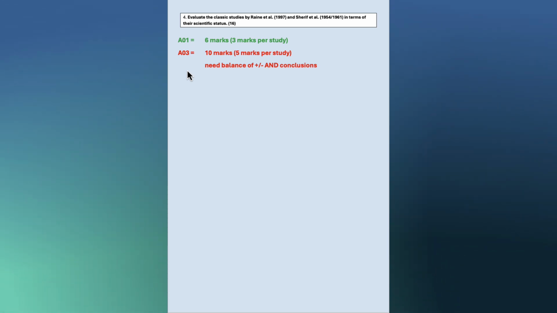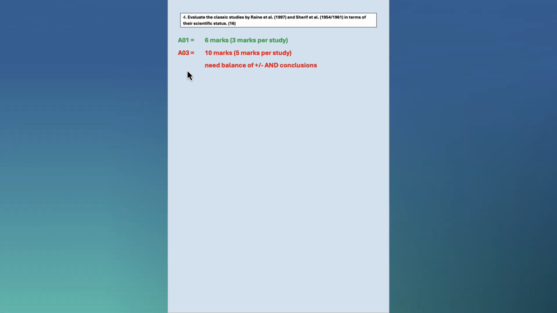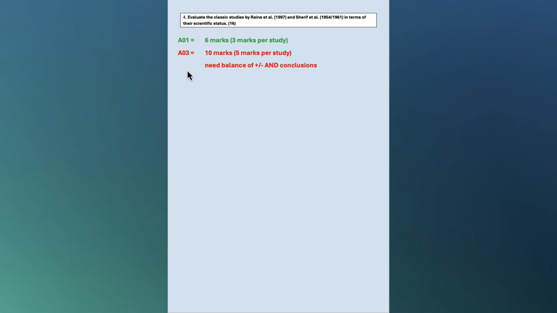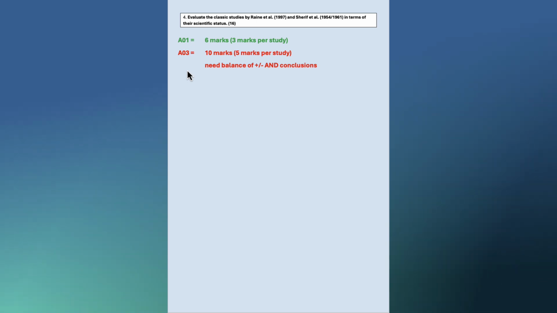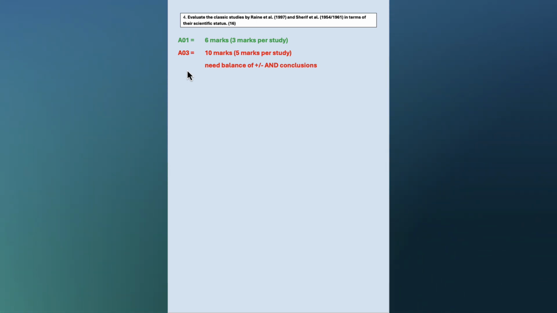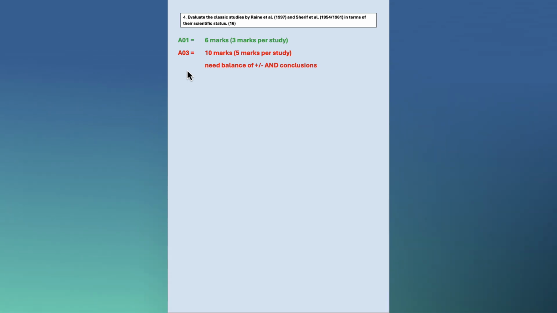Now, you don't have a huge amount of room here. It's 16 marks and you've got 2 studies. So if we break that down, AO1 is 6 marks. That's 3 marks per study. And AO3 is 10 marks. That's 5 marks per study. And in AO3, you need a balance of strengths and weaknesses, and you need some conclusions.